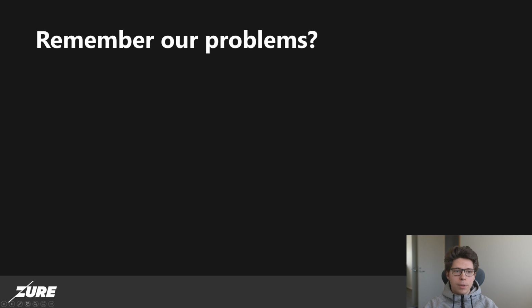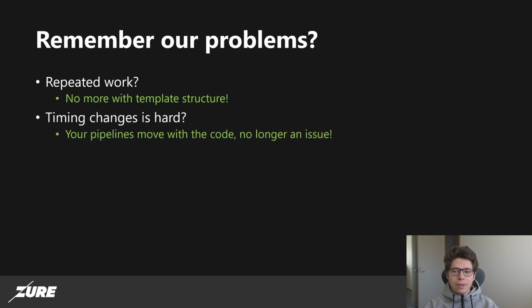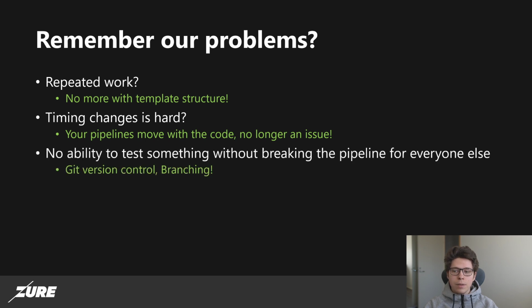So coming back to our problems, we no longer have repeated work with template structuring. Timing changes is also not very hard any longer because basically the logic moves with your branches or with the code itself. We get Git version control and branching, so we basically can do our own tests in our own branches and then merge to master later on.